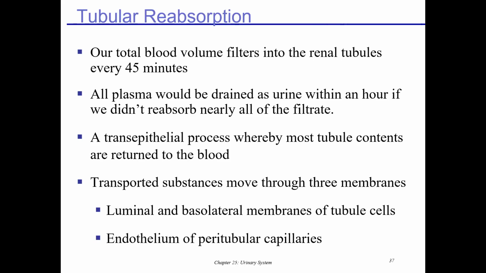We have to get back 99% of the water. We have to get back some of the sodium. We have to recover all the glucose out of the plasma. We have to get the amino acids and our vitamins, all the things we want to keep. 99% of what's in that filtrate, we want to get back.